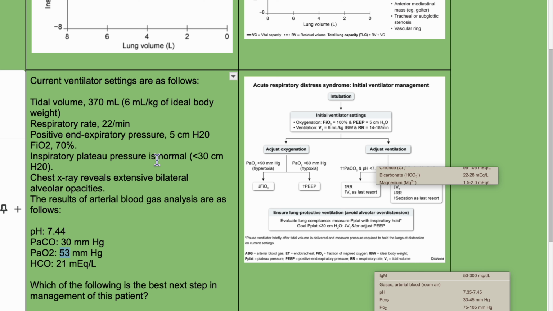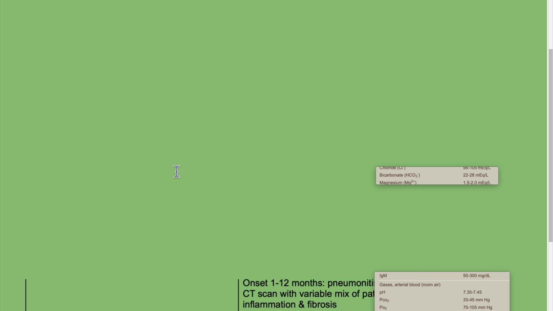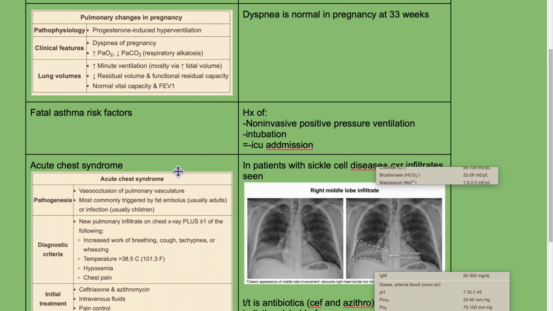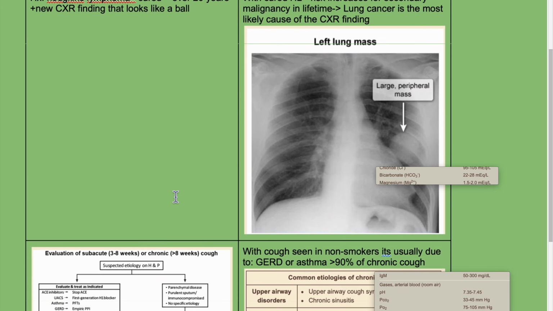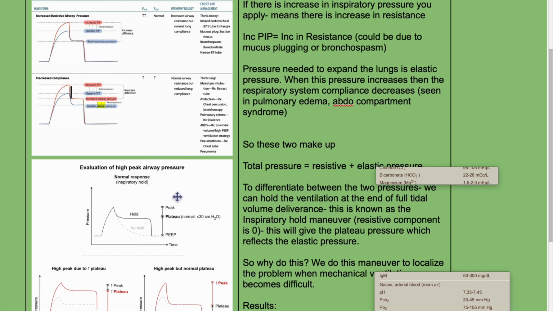Inspiratory plateau pressure is normal. So there's no decreased compliance, right? Wait, no, sorry. There's increased inspiratory resistance, right?